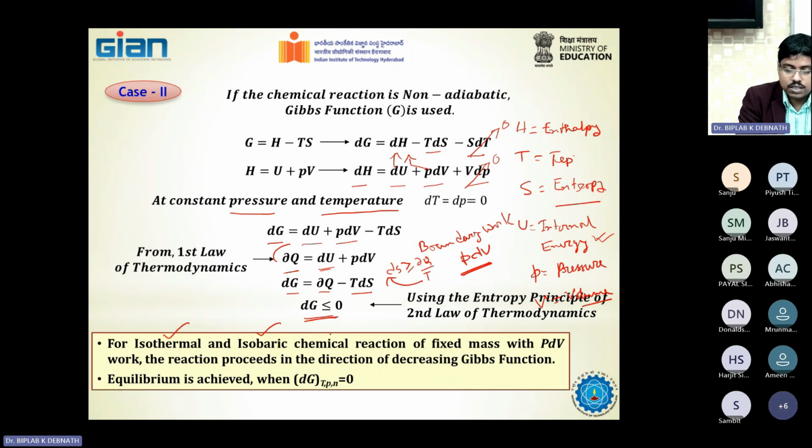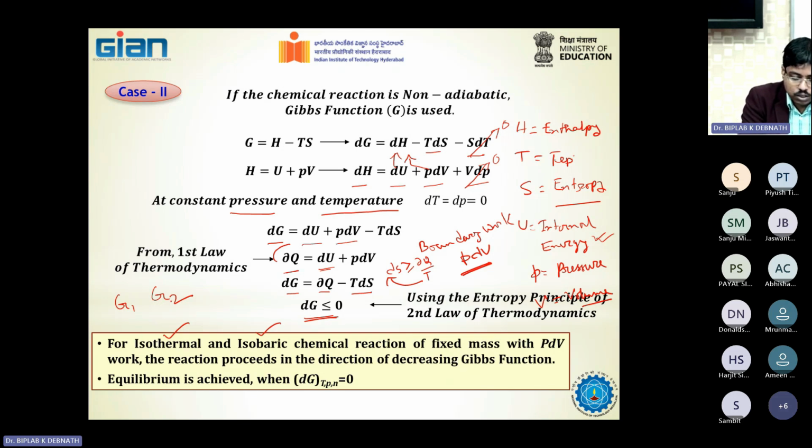Less than 0 means initially say you started with a chemical reaction where the initial Gibbs function is G1. Then after a certain amount of time, while the chemical reaction is going on, you calculate again the Gibbs function G2. By the way, how to calculate this, that also I will explain to you.